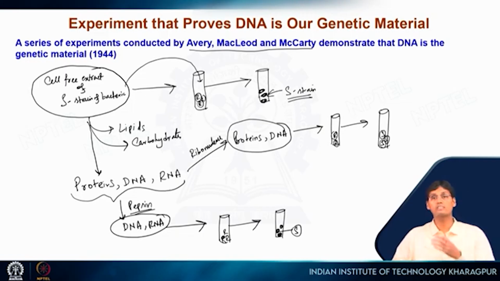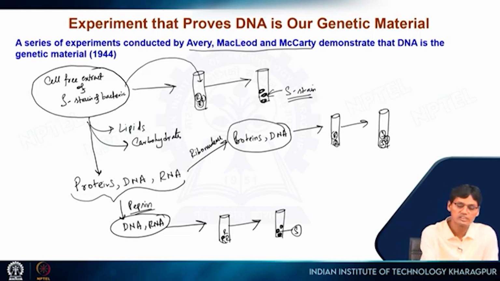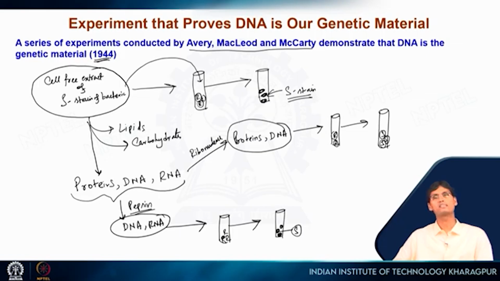That means the transforming principle is still present here. Therefore, in 1944 they concluded that DNA is responsible here, because they destroyed both proteins as well as RNA, but still it can transform R cells into S strain, or the smooth version of this bacteria.